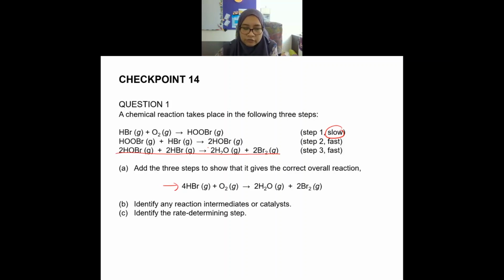So make sure, there are many here, you have to identify carefully which one is the reactant and whether we have a catalyst in this reaction. Do we have a catalyst in this reaction, guys? Take a very quick look, is there any characteristic of a catalyst present in this reaction?